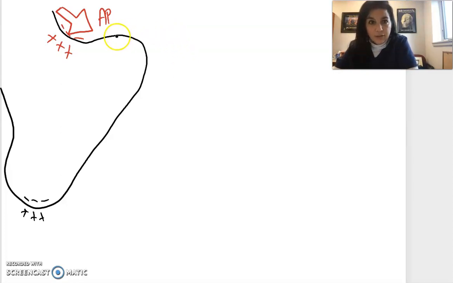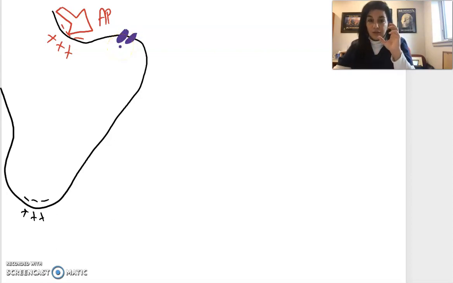When it arrives at the end of the axon terminal, it's going to excite voltage-sensitive channels. These are channels for specific ions that are sensitive to the voltage change at the membrane.